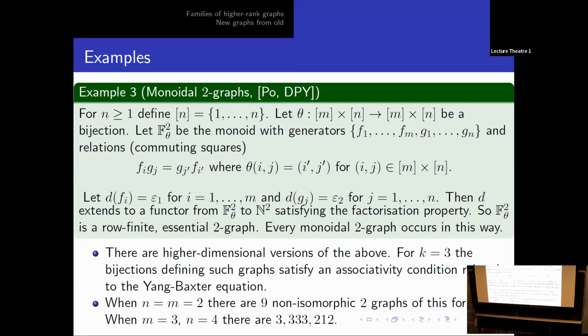And we've seen this problem occur several times in these lectures. Once you hit 3 dimensions, something goes wrong with multiplication. You've got to add this extra condition, which we refer to as associativity. No one's been brave enough to write it down, but it was written down in the talk before. It's essentially the Yang-Baxter equation.